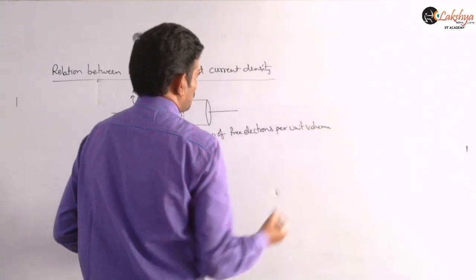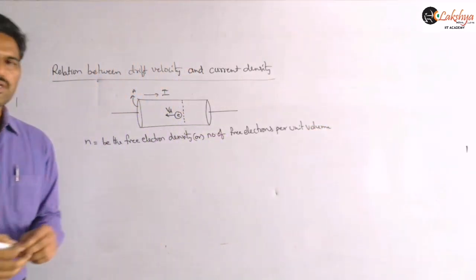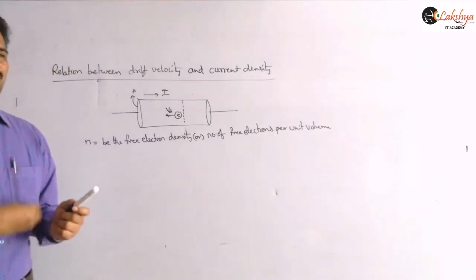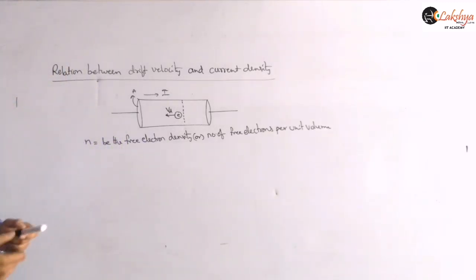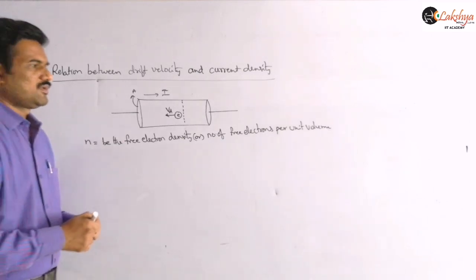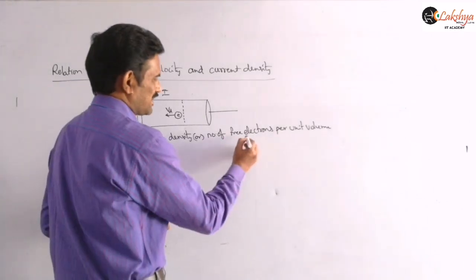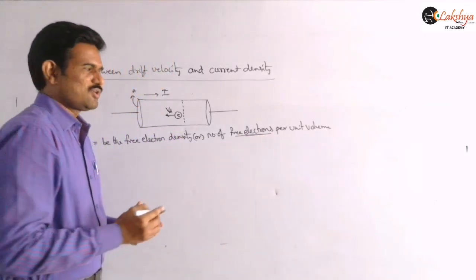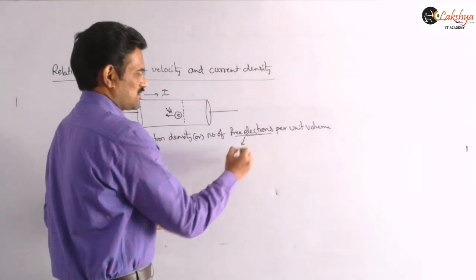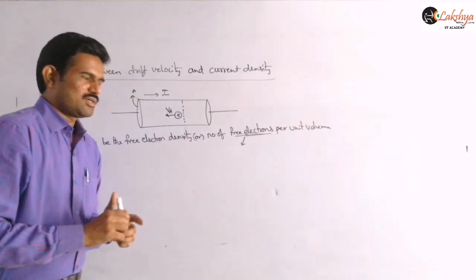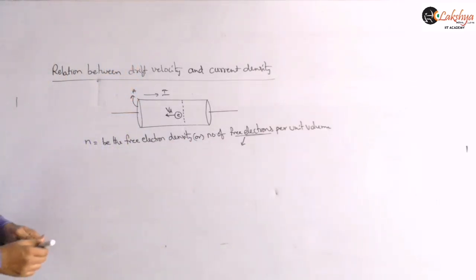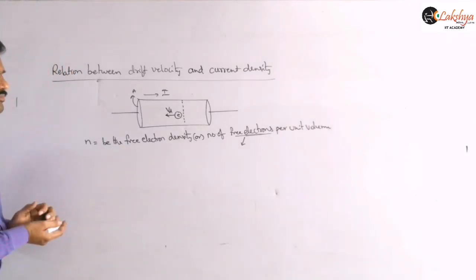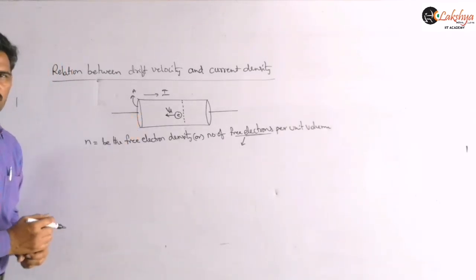That is the meaning of this small n here, which is called the free electron density, or the number of charge carriers per unit volume in any other material. Since we are taking a conductor, we are defining free electrons. In general, we need to define it as charge carriers, so for any other materials, instead of free electrons we define it as charge carriers, right? Now, in the small time interval, I am writing here the distance traveled by these electrons.